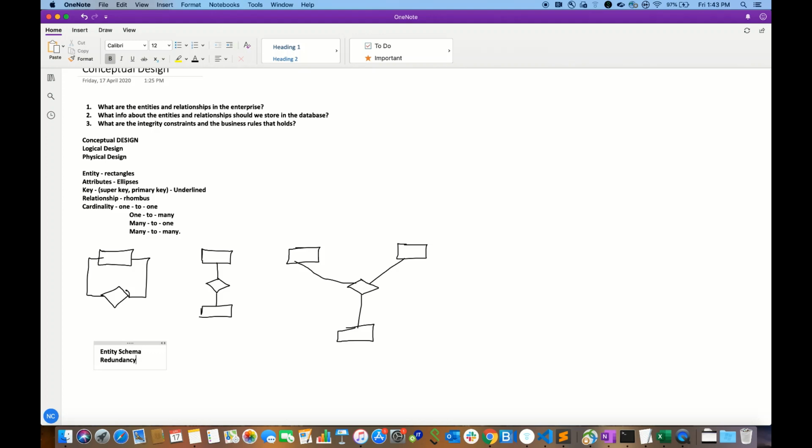Redundancy corresponds to storage of the same data several times in different places. As we have seen, cardinality indicates the number of entities with which a given entity may be related. Inconsistency happens when redundant data are not equal to each other. The primary key uniquely identifies each entity. The intention of a database is a set of definitions of the data structures for the particular database, also called a database schema.